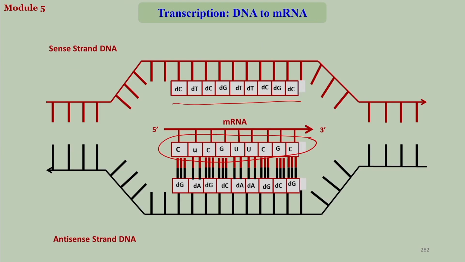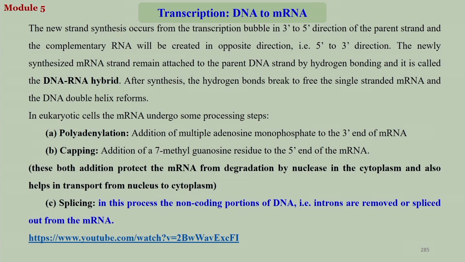So, out of the whole DNA, you have opened a particular part of the double helix structure, and this is called the transcription bubble. The new strand synthesis occurs from the transcription bubble in the 3' to 5' direction of the parent strand, and the complementary RNA will be created in the opposite direction, of course, that is from the 5' to 3' direction.